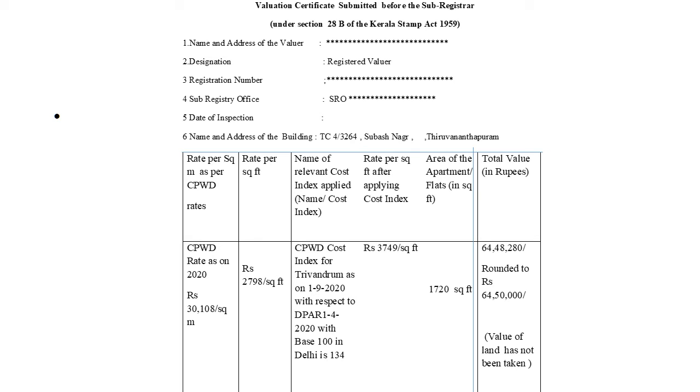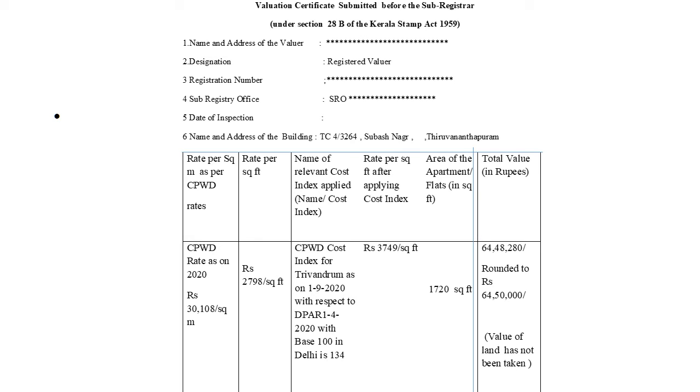This is the sample form of the certificate to be issued. See in the first column, CPW rate as on 2020, rupees 30,108 per square meter. Second column, rate per square feet, rupees 2,798.